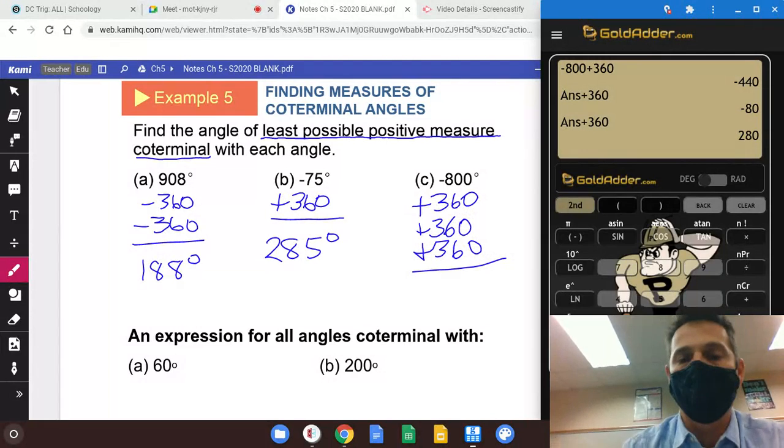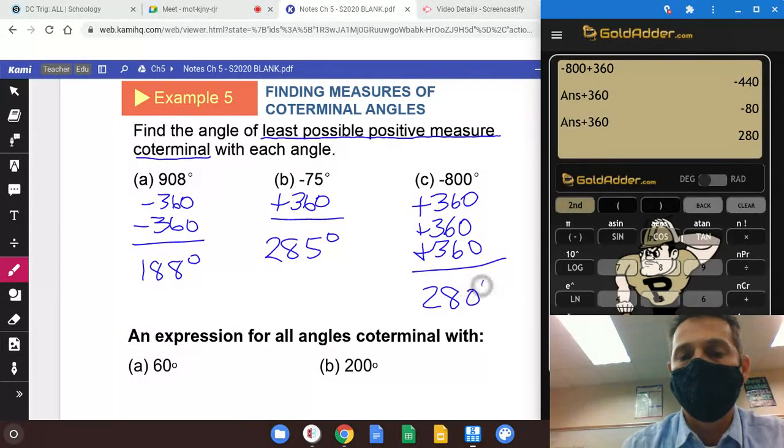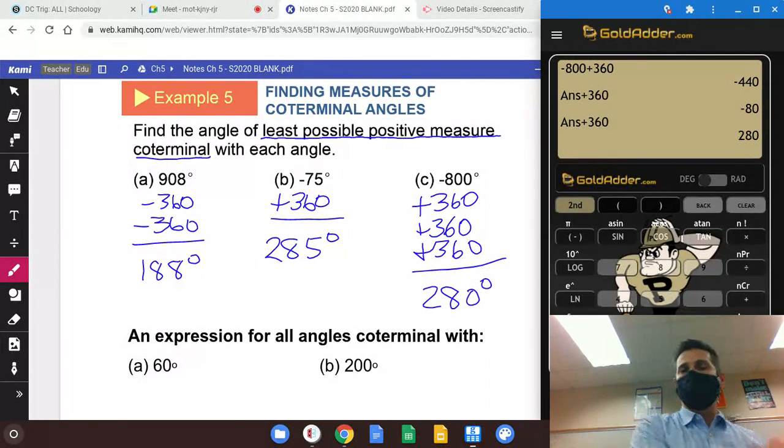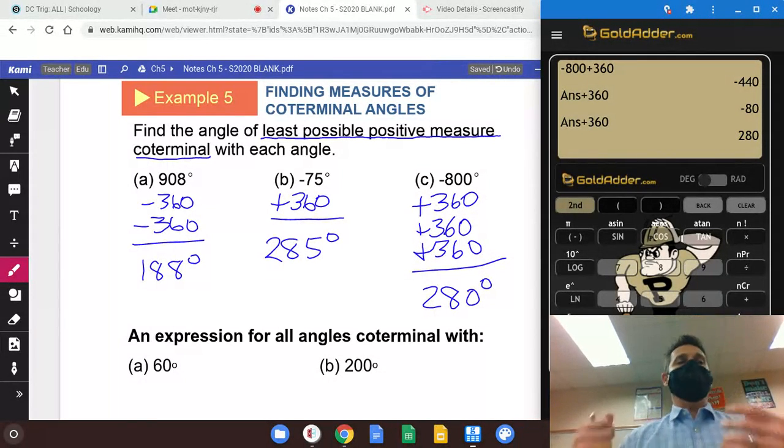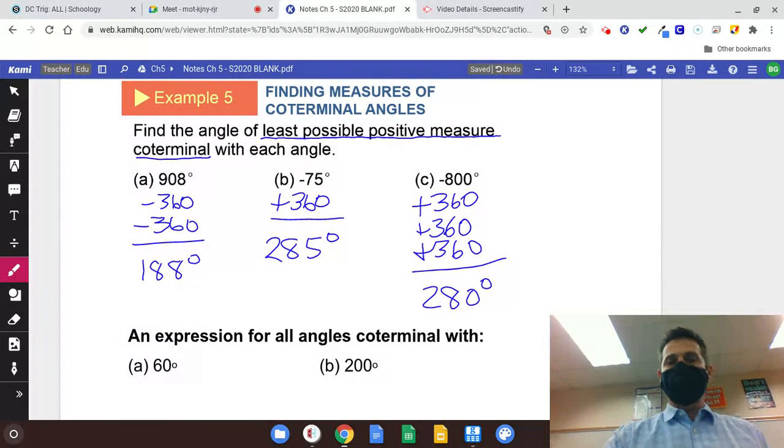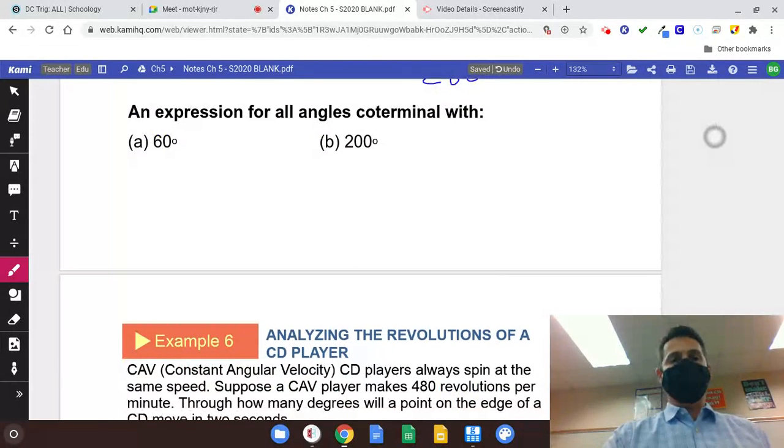We just have to know how to get there. The angle with least possible positive measure that's coterminal with negative 800 is 280. And so again, what that means is if you drew a picture of 280, that would end up in the exact same place as negative 800. And so everything about them would behave in the same way because we're essentially talking about the same picture.